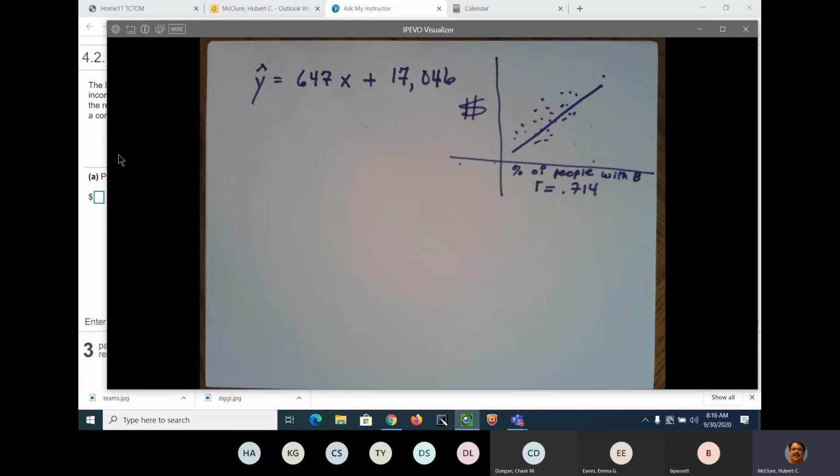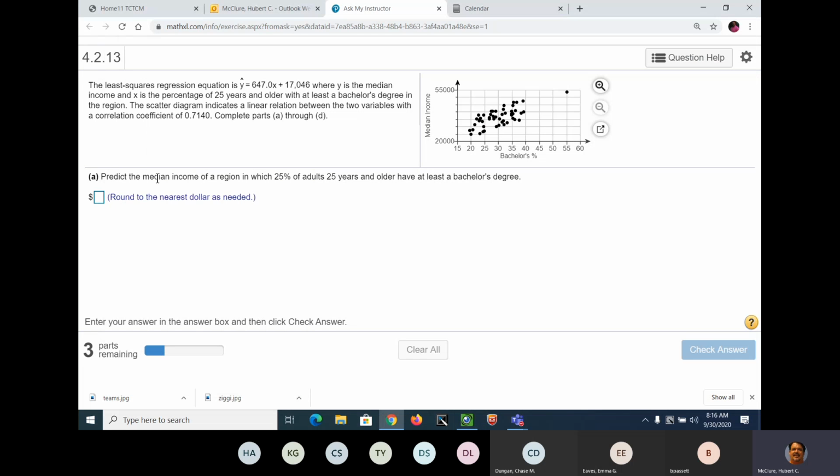The first question says, predict the median income of a region where 25% of people have a bachelor's degree. Notice I'm leaving all that out because you don't need it. All you need to say is people. So 25%.